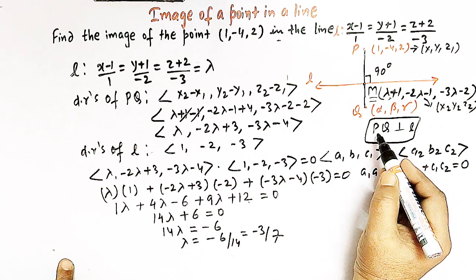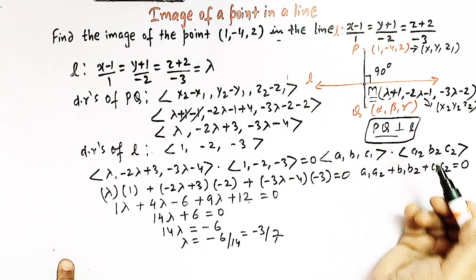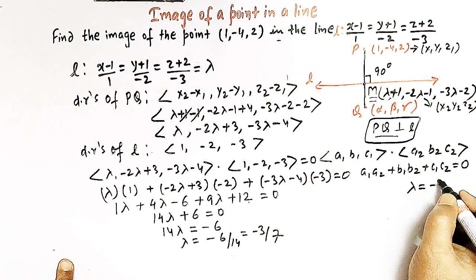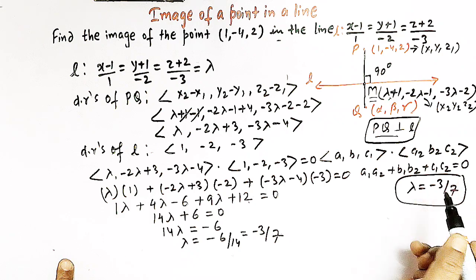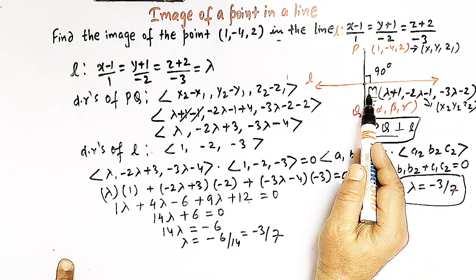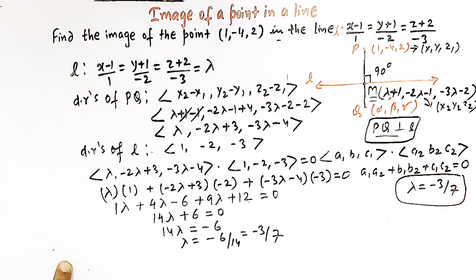So now we have PQ perpendicular to L. So due to this condition, we have obtained the value of lambda as minus 3 over 7. So let us substitute this value of lambda in the coordinates of this point M, which is the midpoint of PQ.